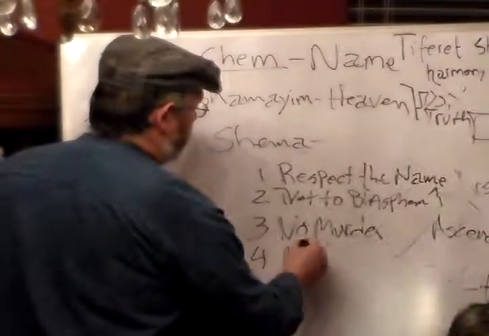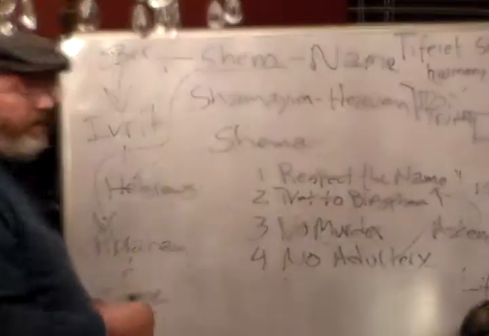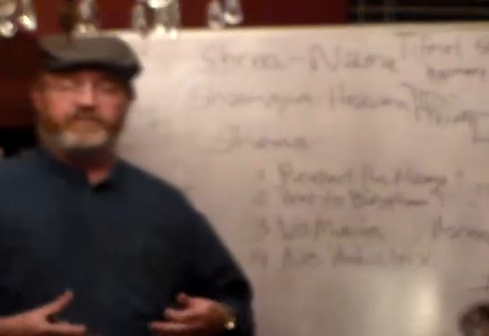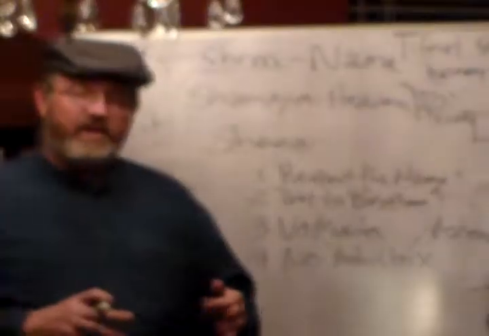Fourth, no adultery, which includes basically slipping into other types of worship, which takes us into no idolatry. Six, no eating live animals.